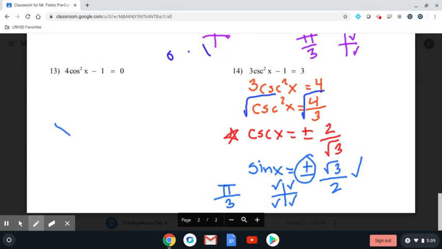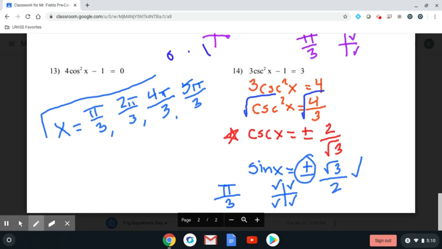So when we go to say our final answers for x, we're going to end up with pi over 3, 2 pi over 3, 4 pi over 3, and 5 pi over 3. And those would be our 4 answers.